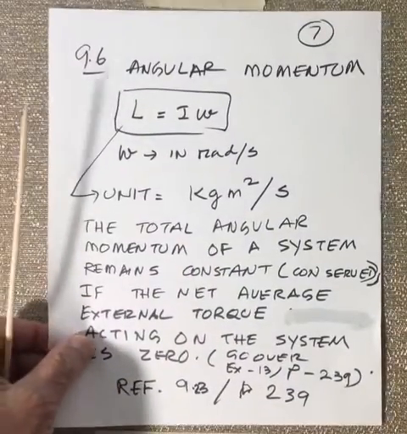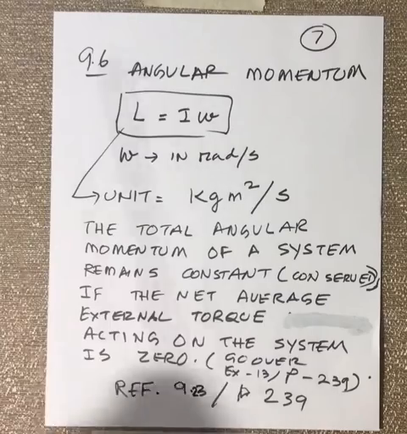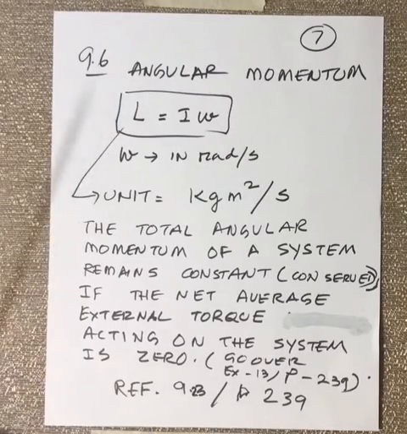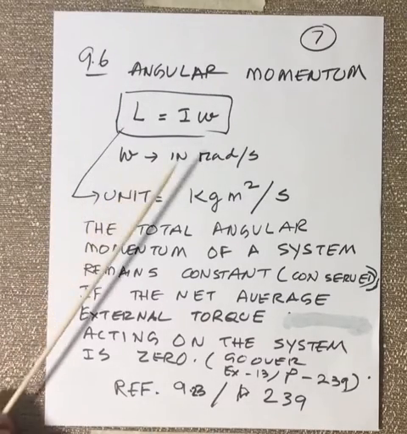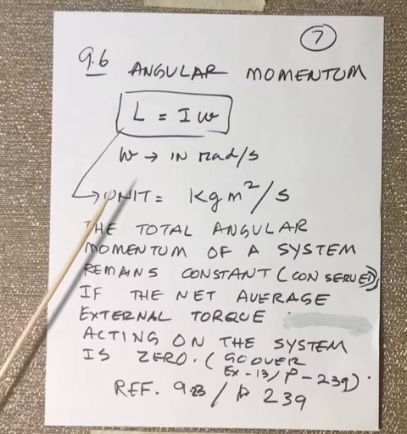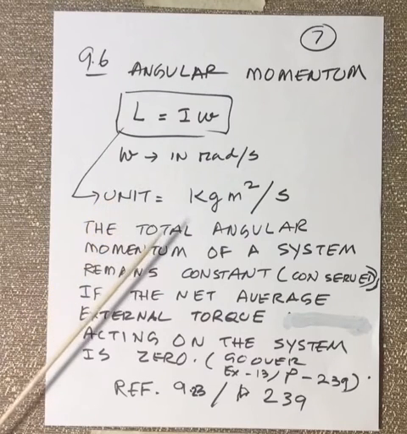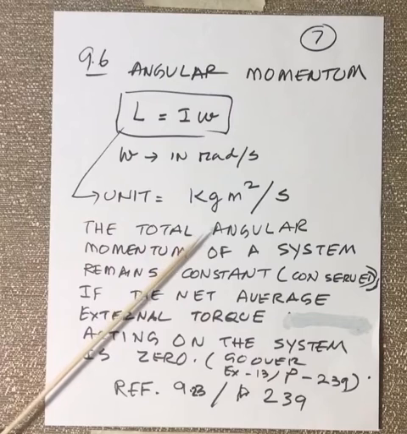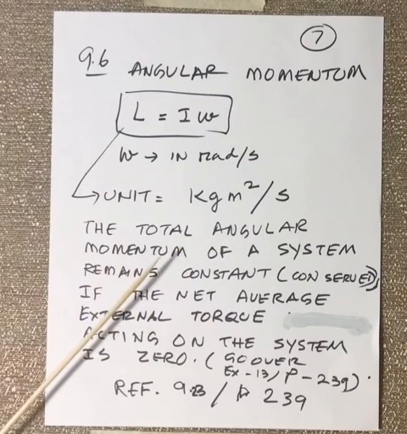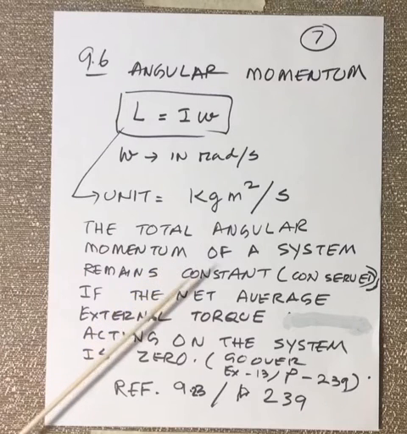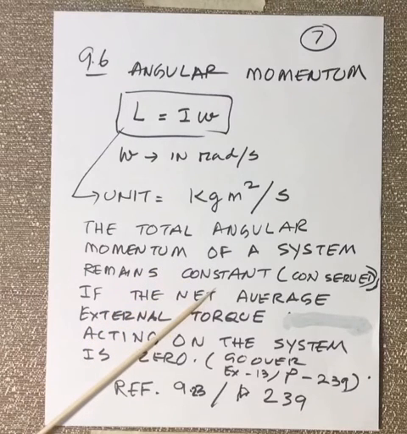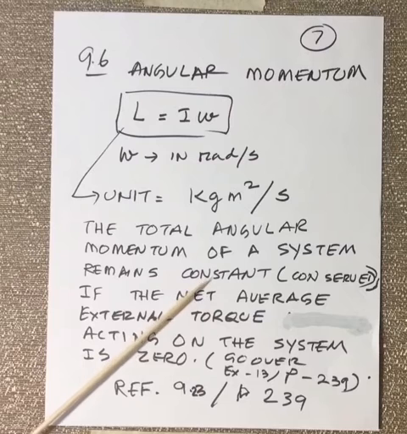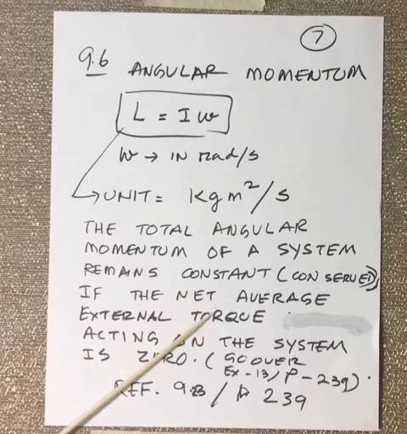Now the last topic we have here is 9.6, which is angular momentum, L equals I times omega. Omega has to be measured in radians per second. Here the unit is kilograms times meter square over second. The total angular momentum of a system remains constant or unchanged if the net average external torque acting on the system is 0.